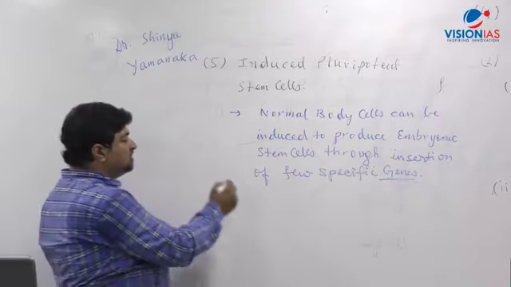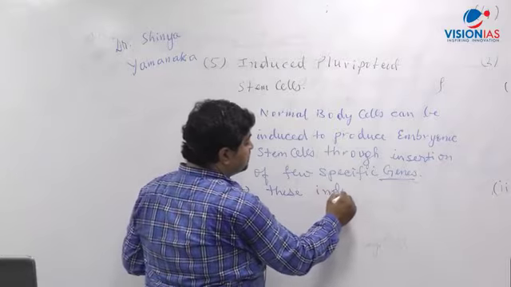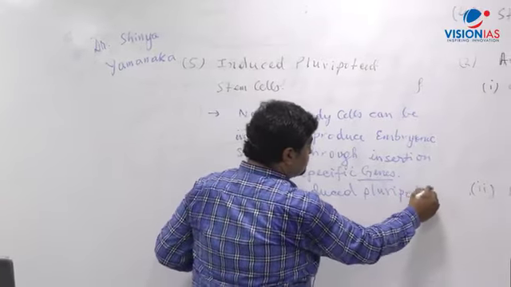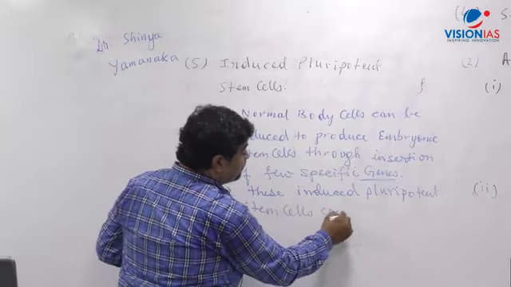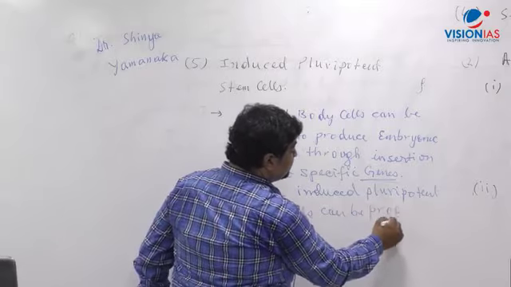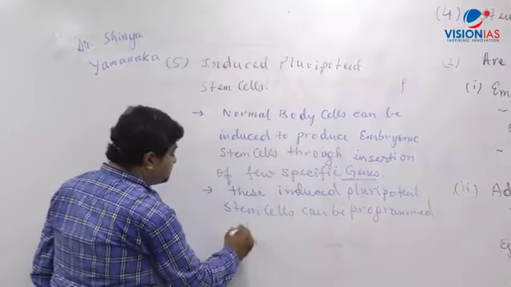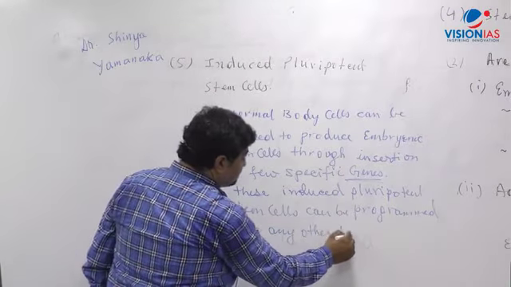Right. Now what is the second thing here? These induced pluripotent stem cells can be programmed into any other body cells. I'll explain with a diagram also.